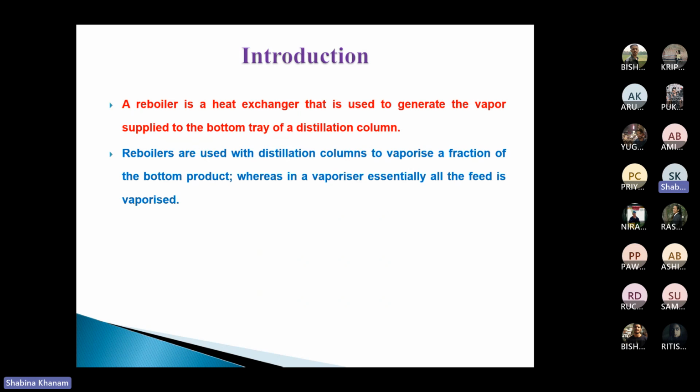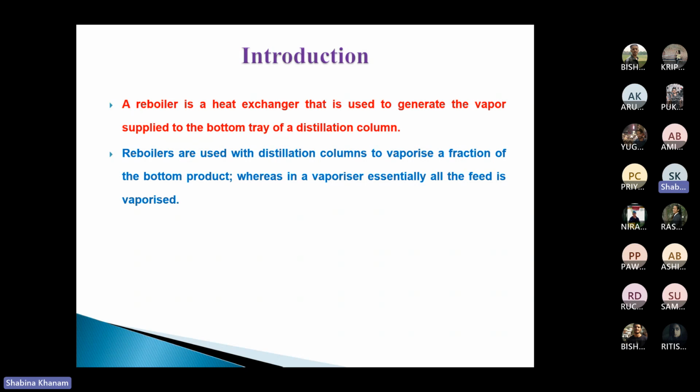Reboilers are used with distillation columns to vaporize a fraction of the bottom product. The bottom product liquid is usually available at its boiling point. That liquid enters the reboiler, continuous vapor is formed, and that vapor and liquid mixture enters the distillation column again.